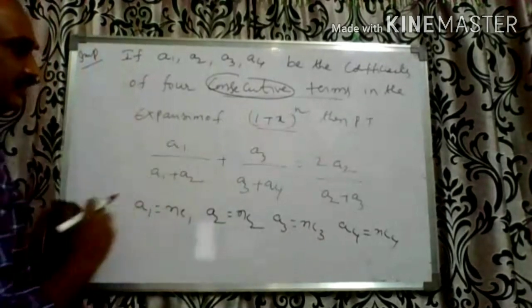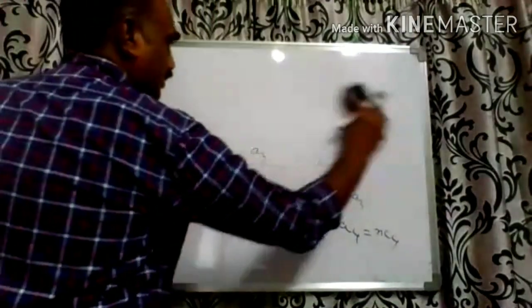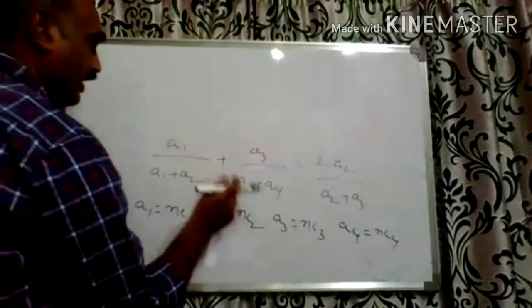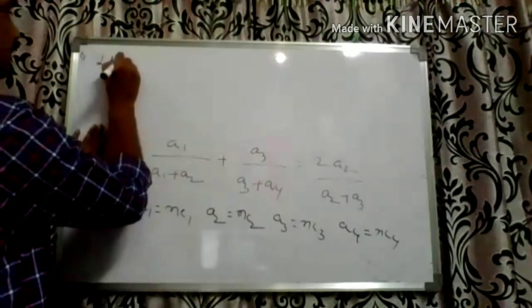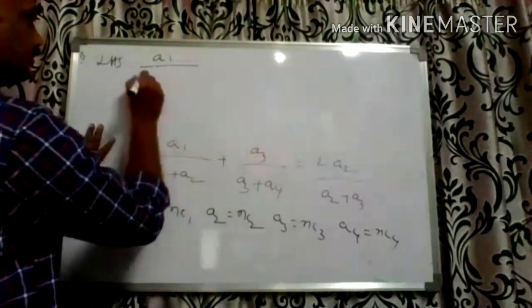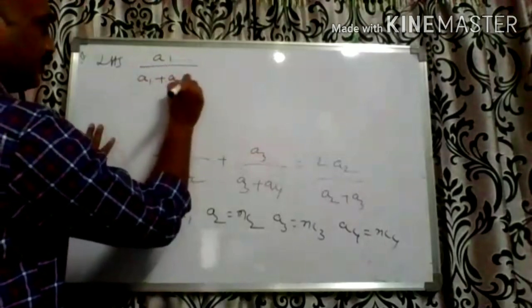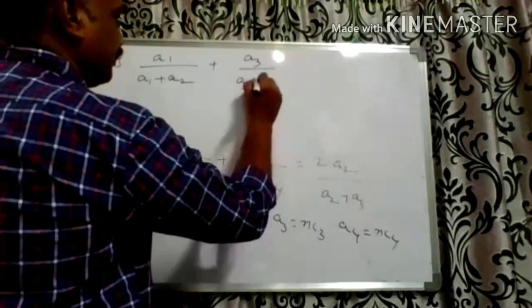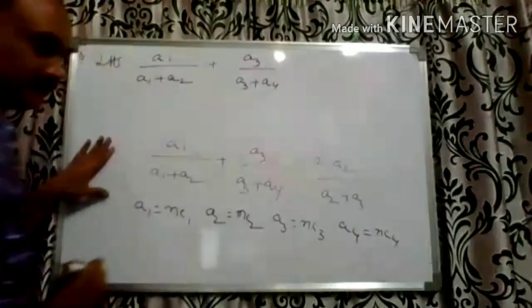First take LHS. To prove this problem, LHS is equal to RHS. First LHS: A1 by (A1 plus A2) plus A3 by (A3 plus A4).